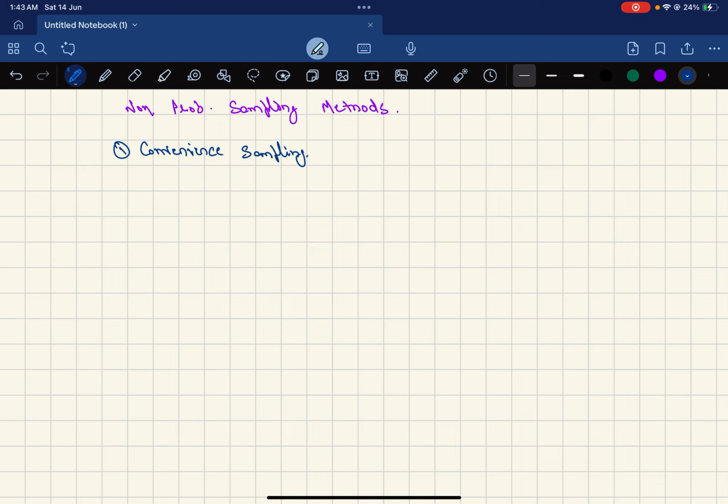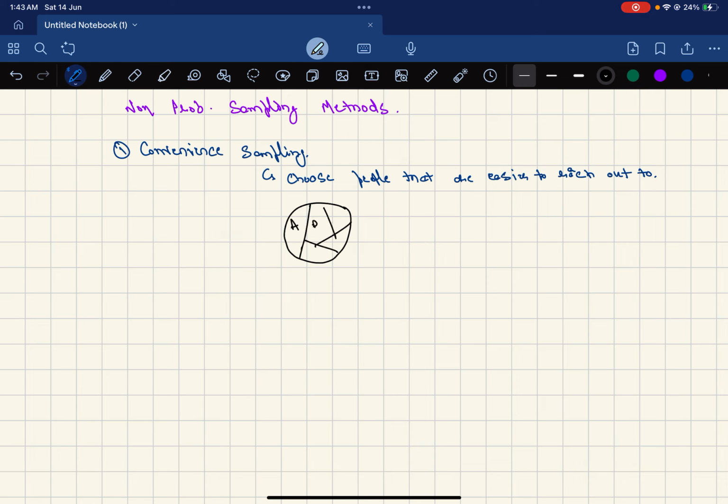So how we do this sampling is we simply choose people that are easier to reach out to. For example, the surveyor, in our case, the example which we had, the country one. We have a country here, and let us say once again there are different states here.